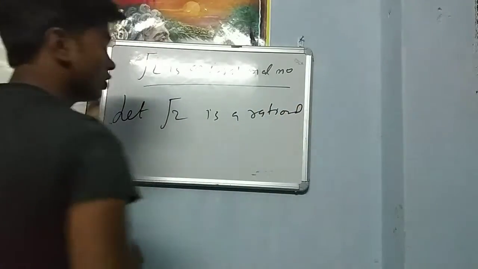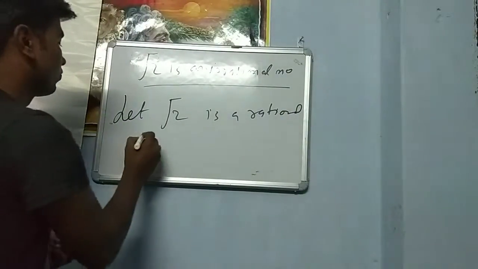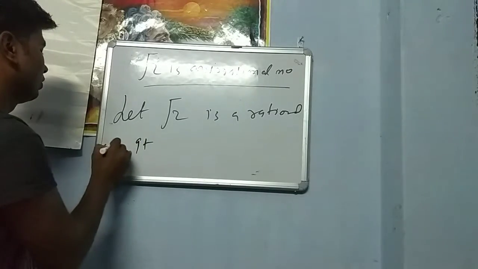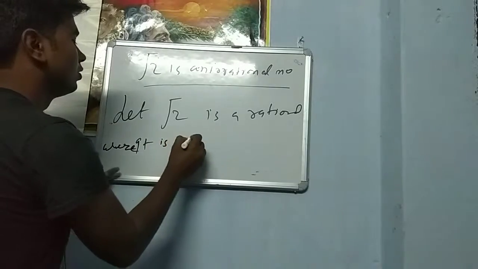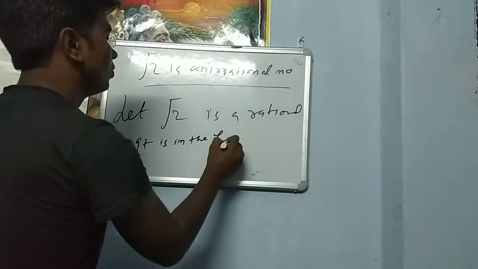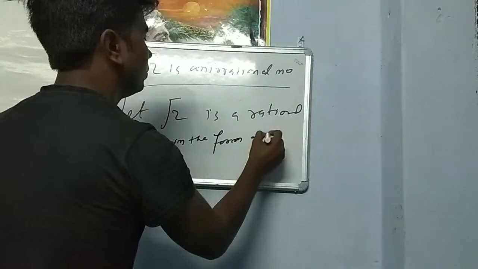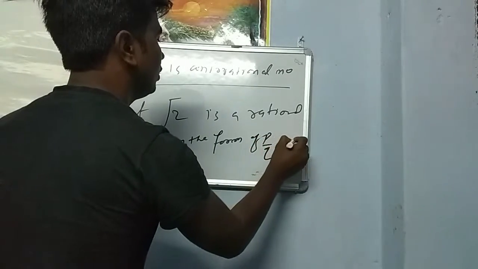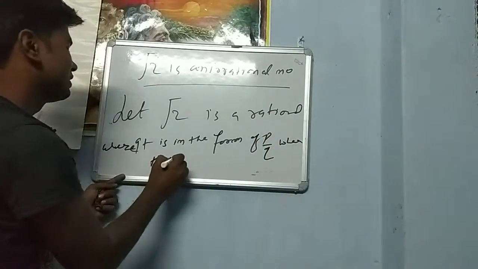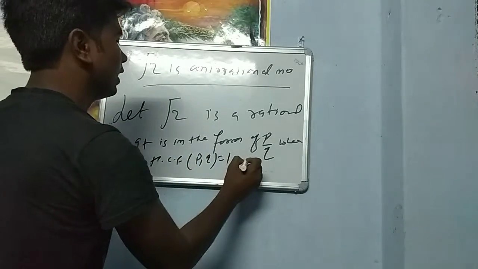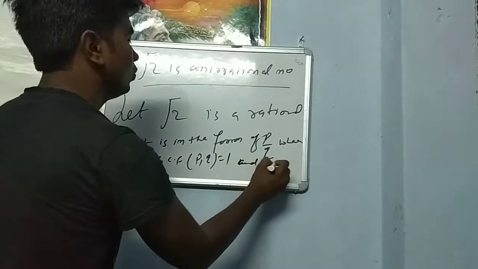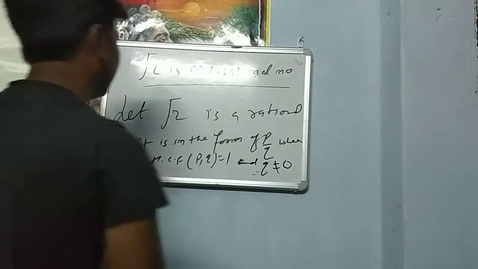And by the definition of rational number, what do we know? It is in the form of p upon q, where HCF of p and q is equal to 1 and q is not equal to 0.